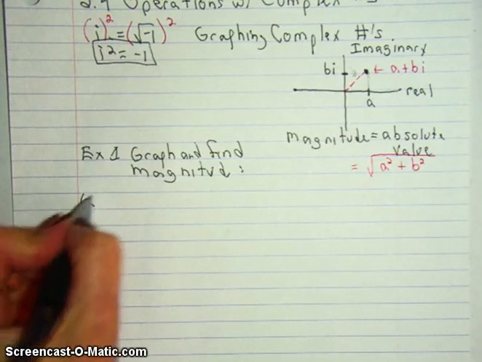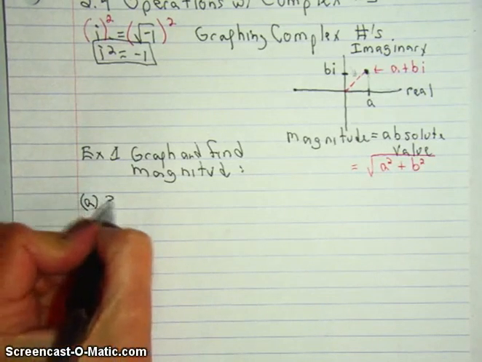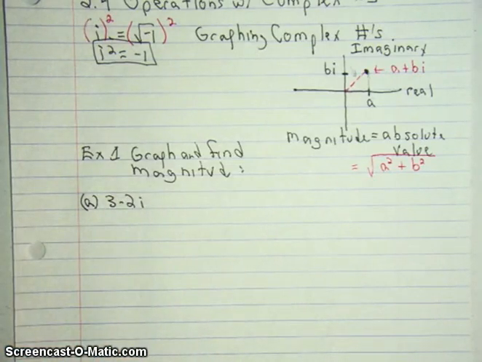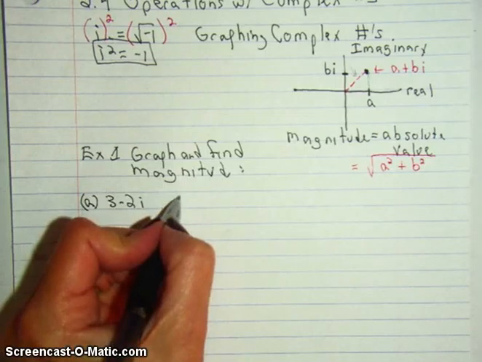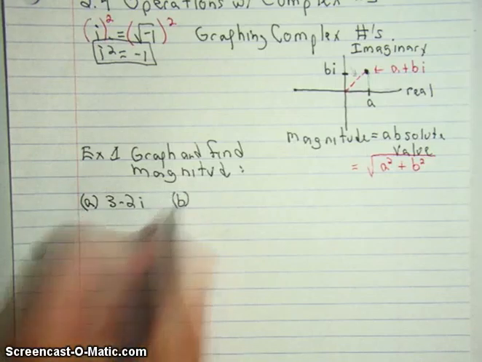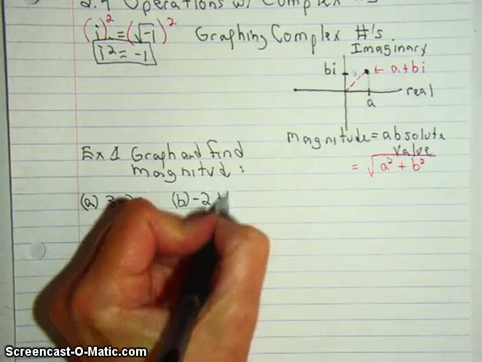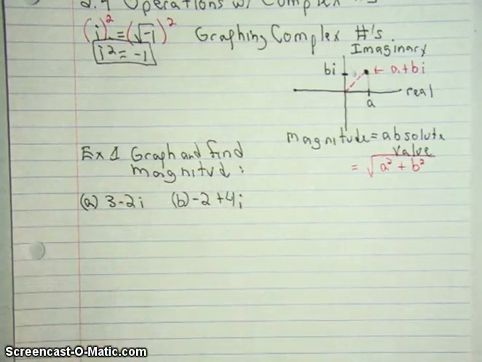Letter A is 3 minus 2i. Let's have Matt Sarver's group and Remy's group do that one. Letter B is negative 2 plus 4i. Let's have Kayla's group and Max's group do that one.